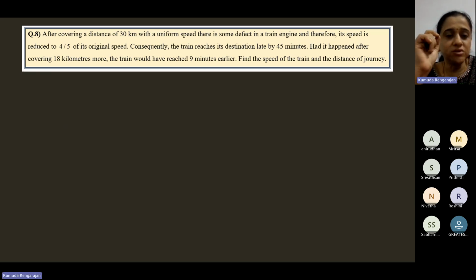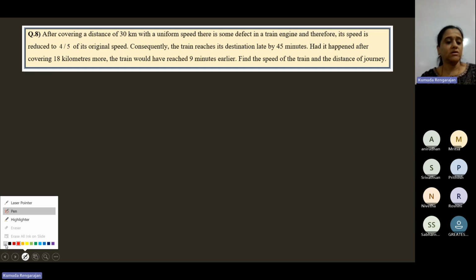So the train has started and it has covered 30 kilometers before the defect.